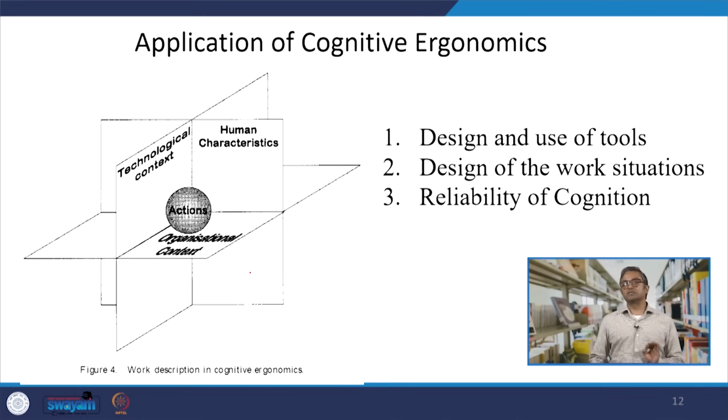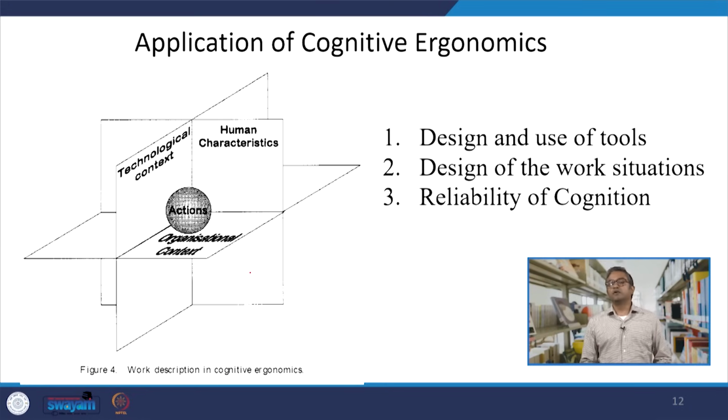Cognitive ergonomics not only helps in designing the workplace setting, but also in uplifting the workplace situation, the employee's expectation, the employee's need. And more importantly, it is also highlighting the reliability of human cognition. 200 passengers in an aeroplane rely on the cognition of the pilot.